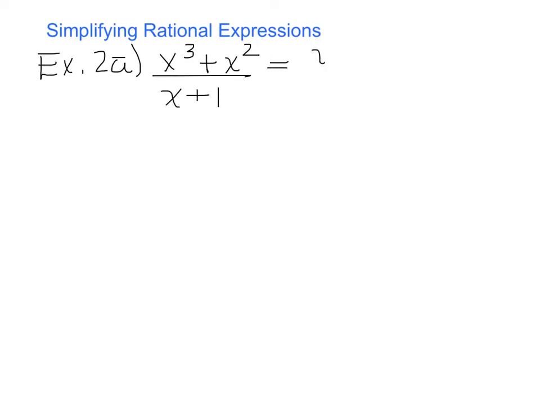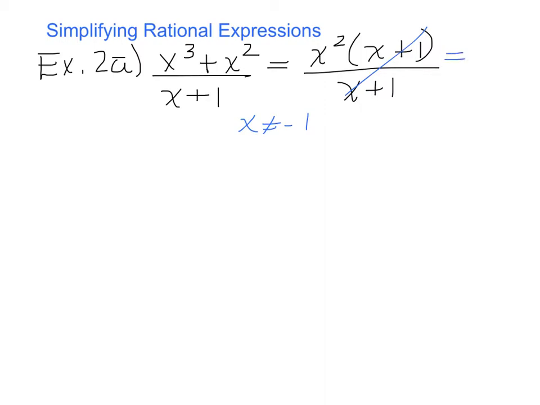So factoring the numerator, I'm going to take out an x squared because that's the GCF. Before you cancel, write your exclusions, the numbers in your denominator that will make it 0. So here x can't equal negative 1. Then you divide, that equals 1. So my answer is x squared.